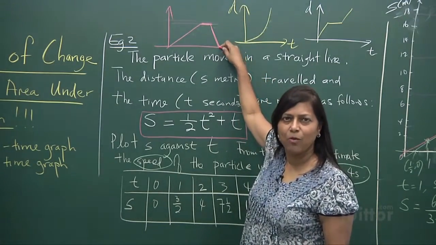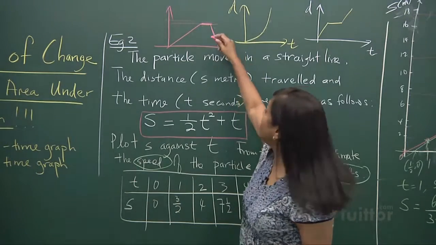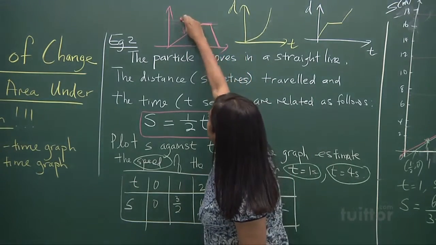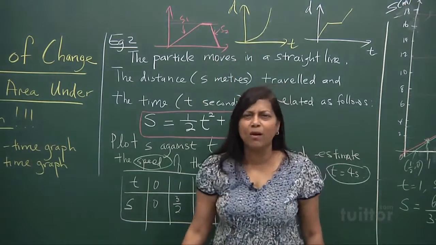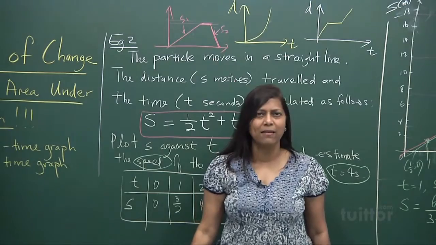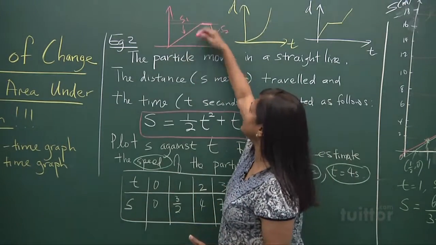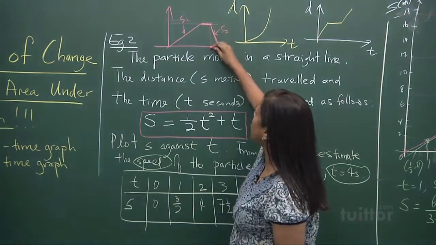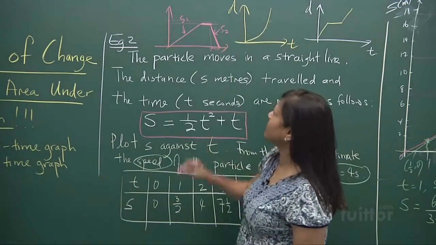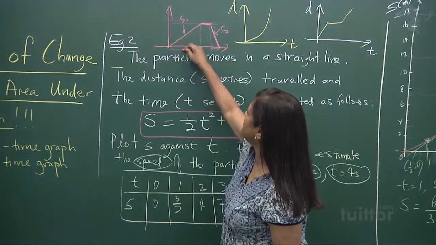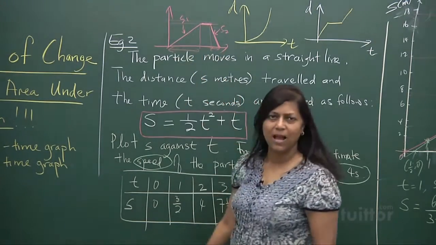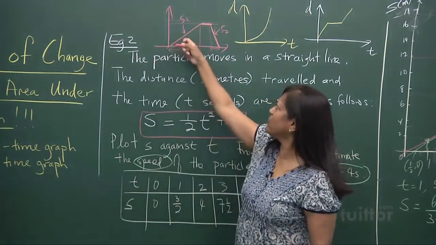Your speed is a lot faster. In this part, let's say your speed is S1, and this is S2. S2 is a lot smaller than S1 because the same distance is traveled in a longer length of time, whereas here the same distance is traveled in this shorter length of time. So that's a gradual speed.